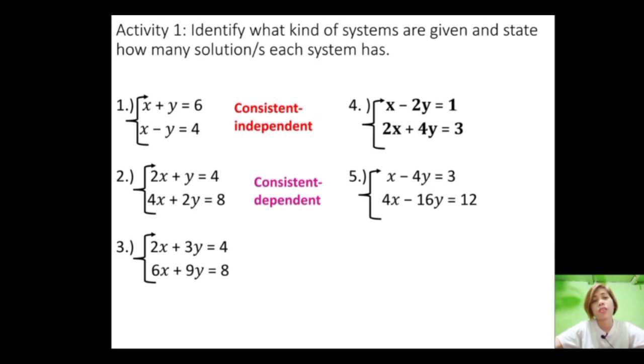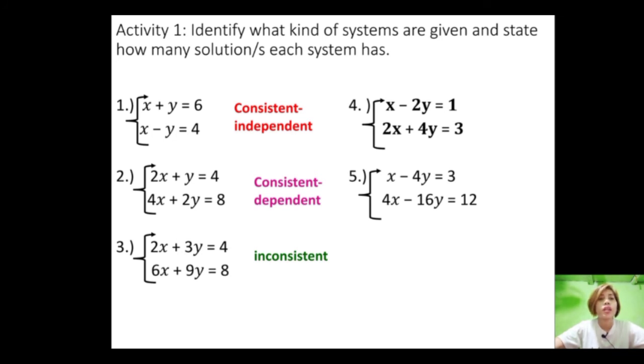So, identical yung nasa left side, yung 6x plus 9y, pero magkaiba naman yung answers. Sa equation 1, naging 12. Sa equation 2 ay 8. So, pag po ganun, identical yung left side, pero magkaiba yung right side, yun po ay inconsistent system. And it has no solutions since wala pong ordered pair na mag-satisfy sa parehas na equation.